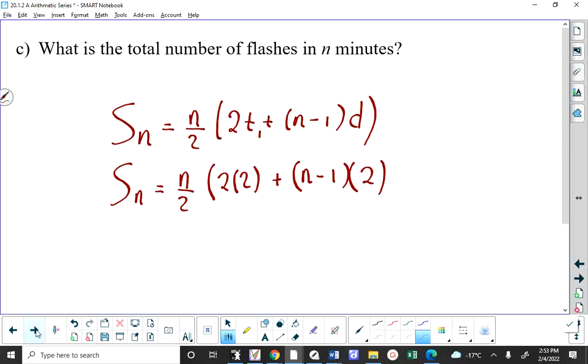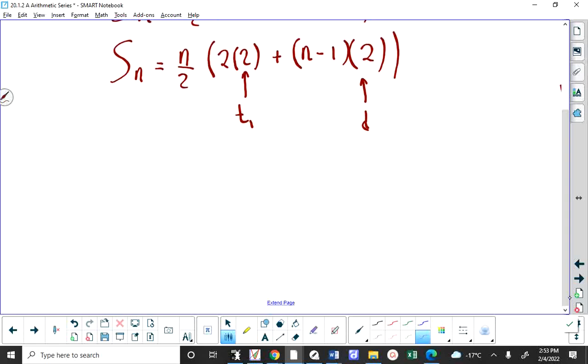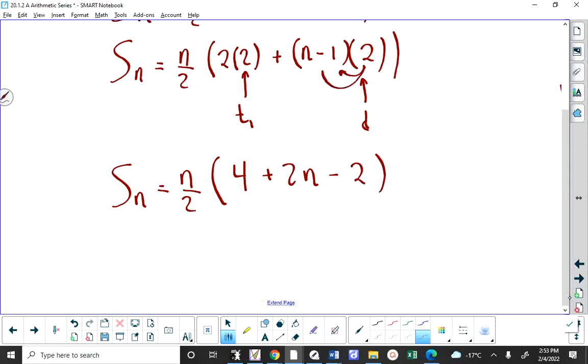So what I've done is I've put in T1 and I've put in D. Let's simplify that. If I simplify this, I have n over 2, and inside I have 4 plus 2n minus 2. I've expanded this by multiplying that 2 through.